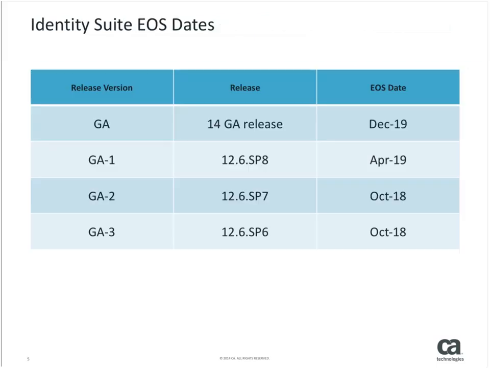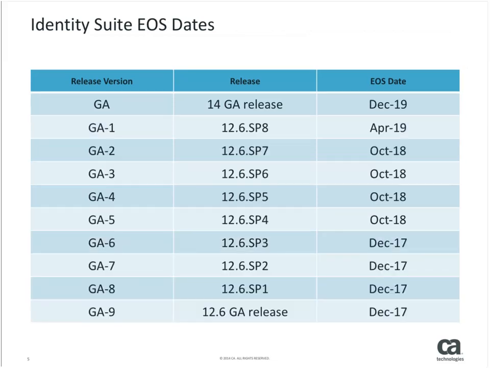For anyone who's using Identity Suite, the end of service dates are as follows: anyone using 12.6 Service Pack 6, October of 2019; 12.6.7, same deal; 12.6H, which is our healthy version, April of 2019; and even the 14 version, which, as I said, just got released, has end of service by December of 2019.